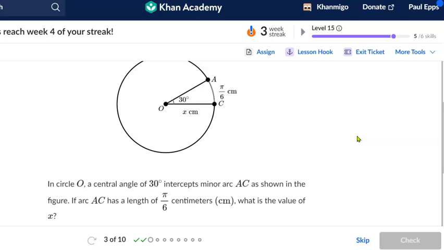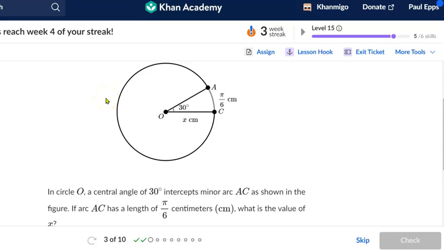Circle O. A central angle of 30 degrees intercepts minor arc AC as shown in the figure. If AC has a length of pi over 6 centimeters, what is the value of x?